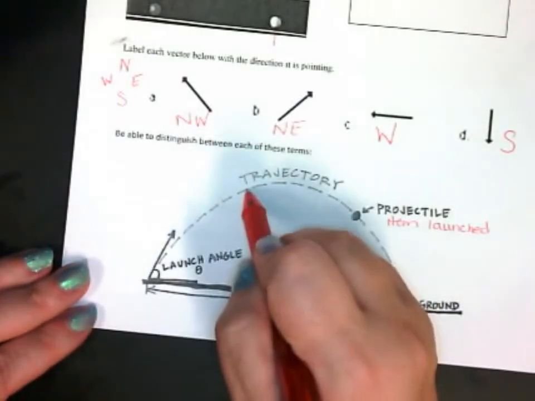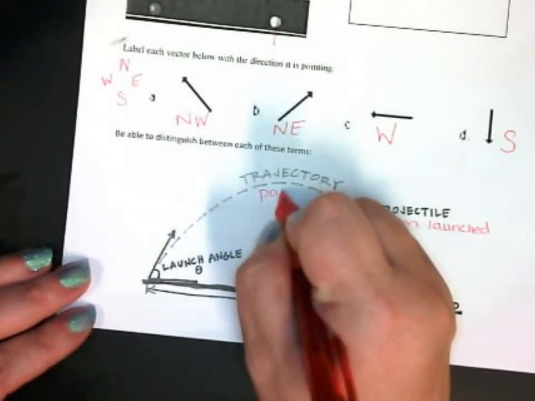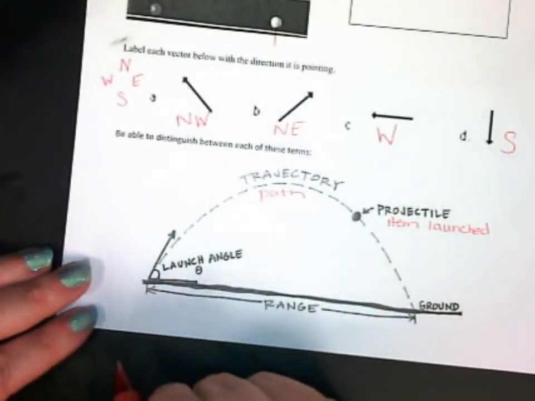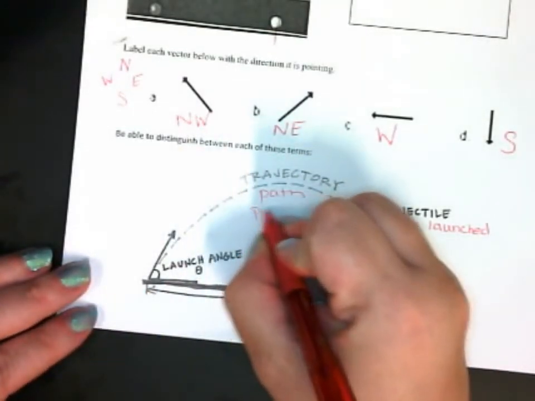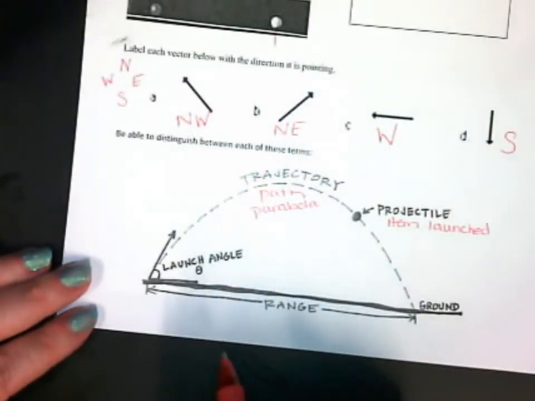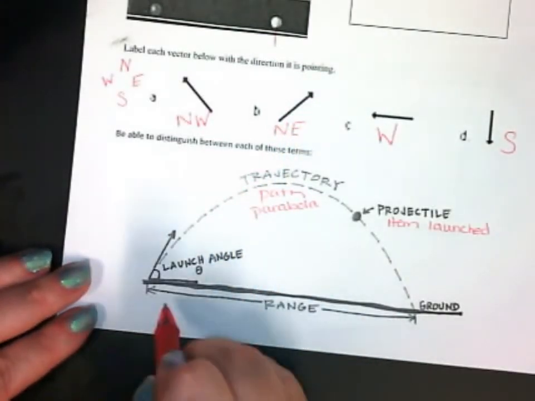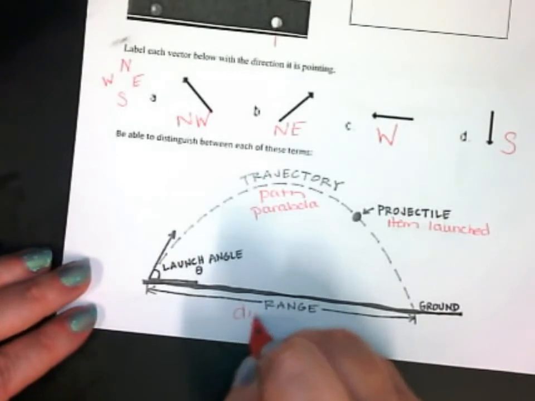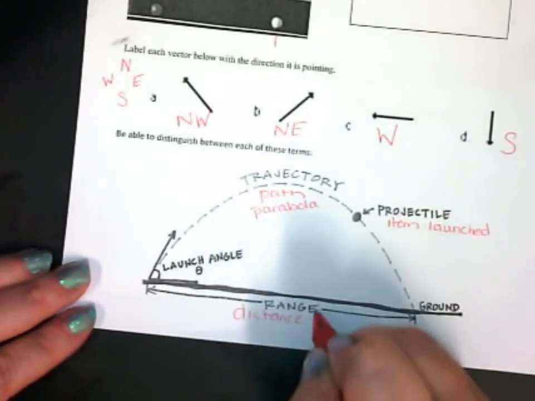Our trajectory is the path it follows. Remember, this is typically a parabolic path. So it's a parabola. Our range is our distance traveled.